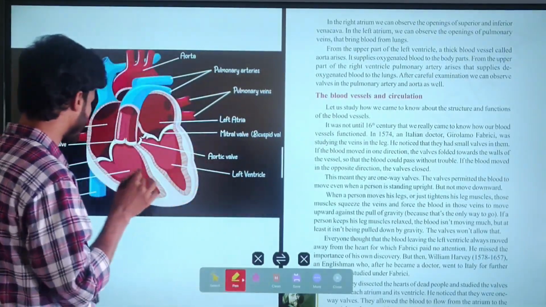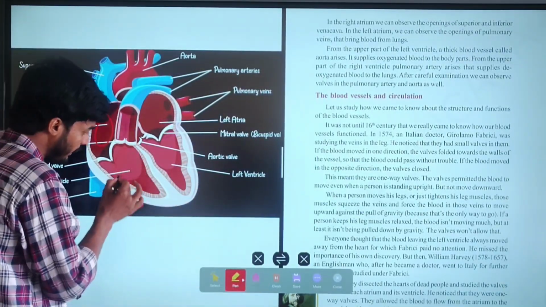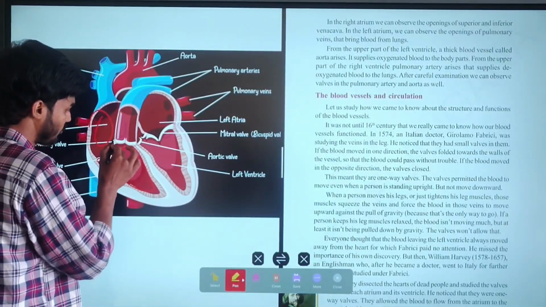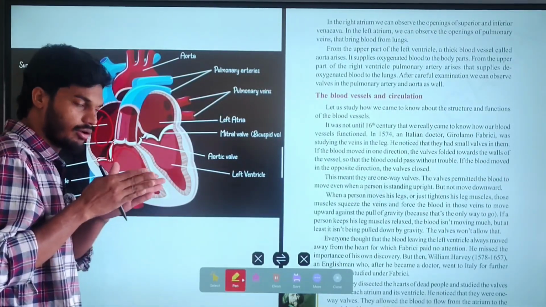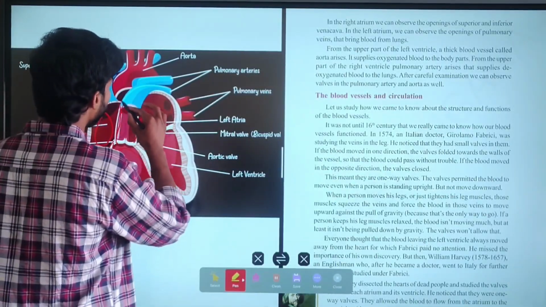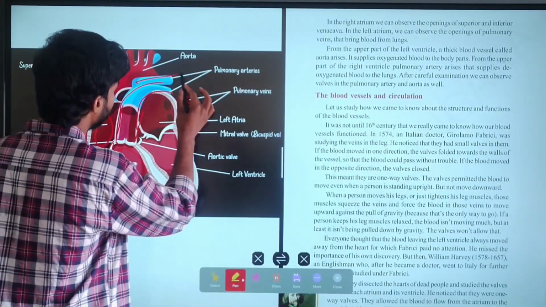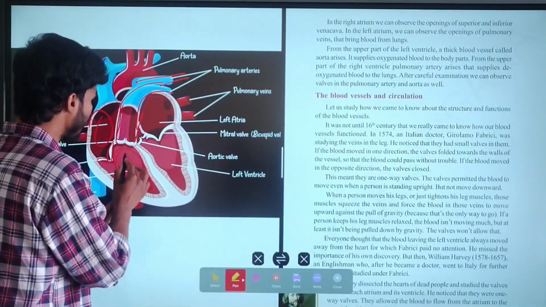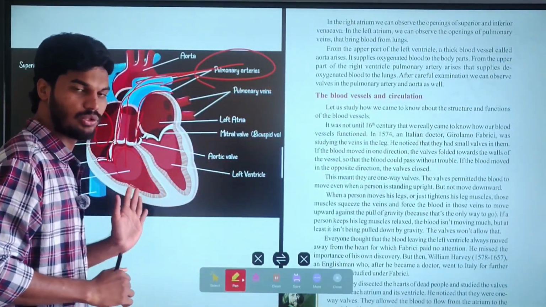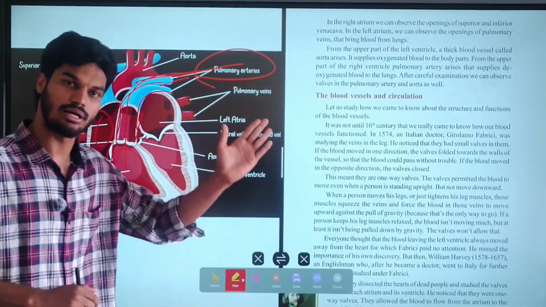After that, the blood enters the right ventricle through the opening we call the tricuspid valve. Then it enters the pulmonary artery. The pulmonary arteries will transport the deoxygenated blood to the lungs.